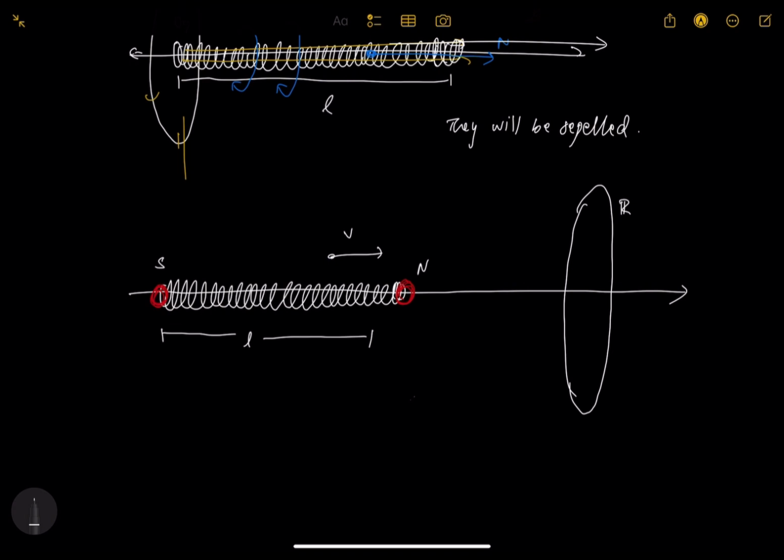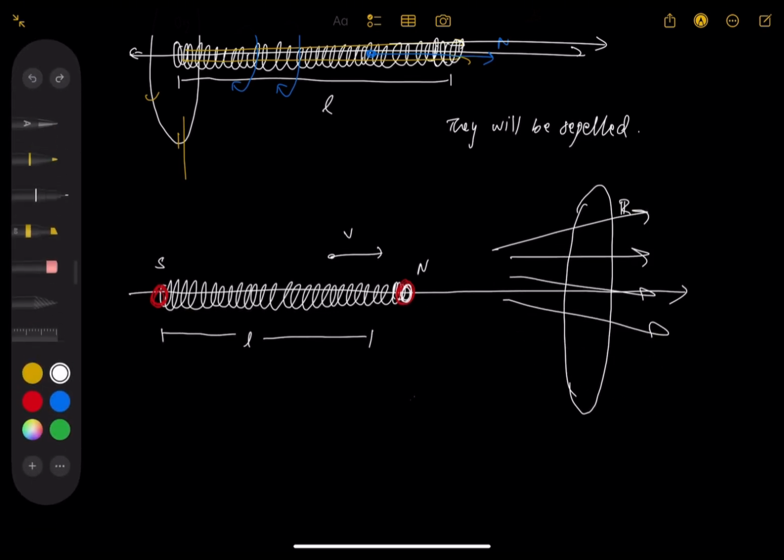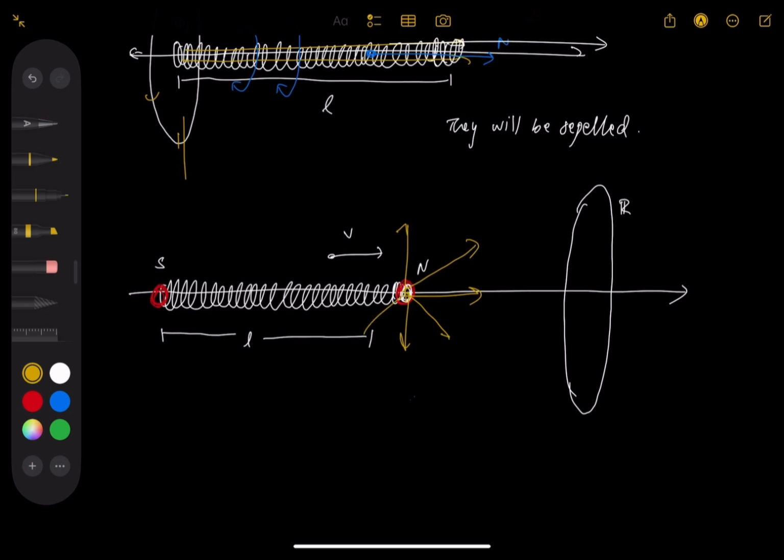So what is the flux due to this North Pole through this loop? It's the same thing. Let's assume that this is how the field lines are going to be coming out from the North Pole. It's going to be radially outwards and unaffected by the South Pole since the South Pole is so far away.